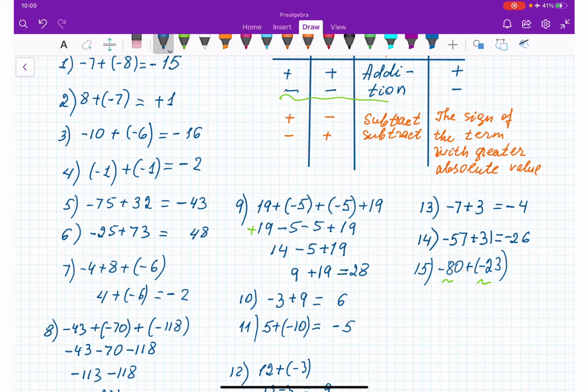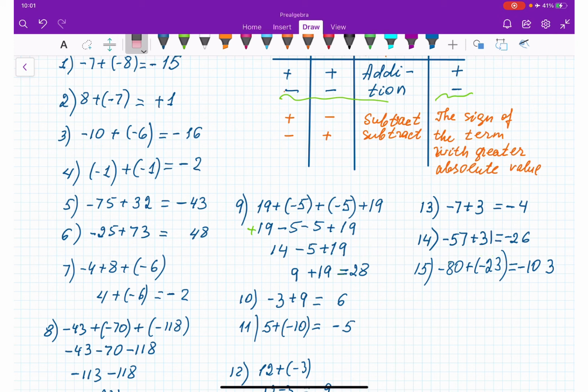So it's going to be 0 plus 3 is 3. And 8 plus 2 is 10. Okay? How about the sign? Both of them are negative, so the result is going to be negative, right? So I put negative. Okie dokie.